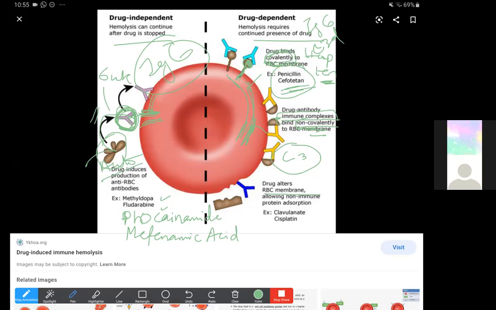It is the ones that have the hapten binding. Since the drug would then cause a reaction only once it is bound to the RBC membrane, both the sera and the eluate would cause a reaction to drug treated cells.